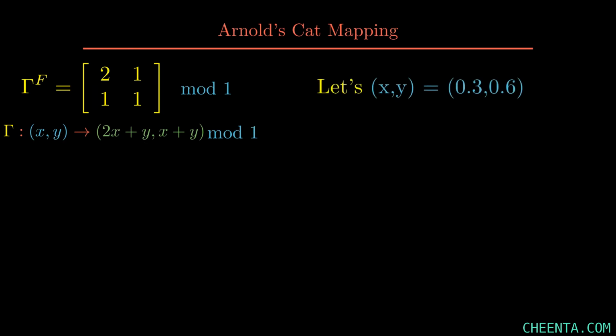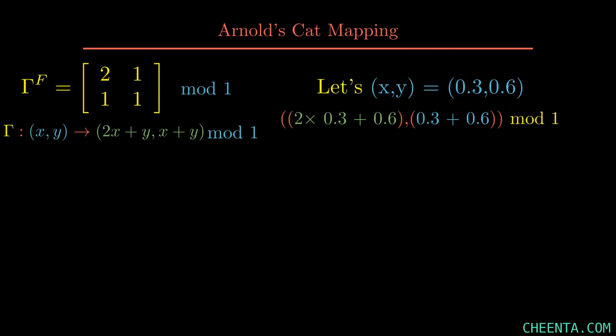Suppose, as an example, we take x and y equal to 0.3 and 0.6. Now using the mapping, that is the Fibonacci mapping with the constraint of mod 1, we get something like this. And if we do the calculation, we will find that the value is 1.2 and 0.9 mod 1.